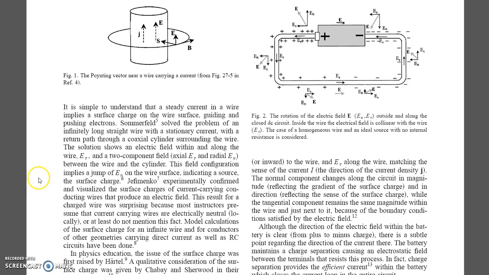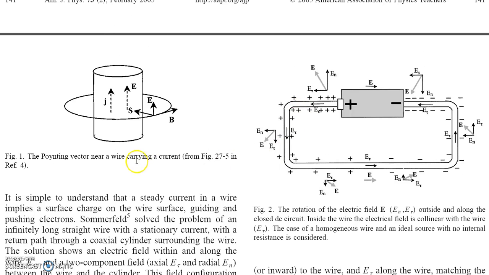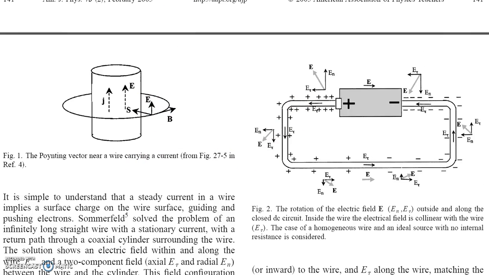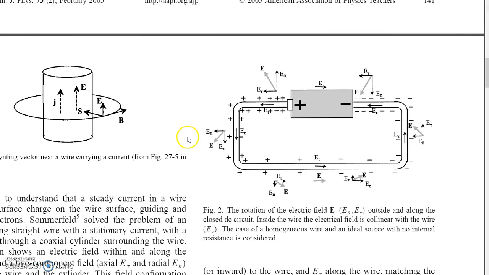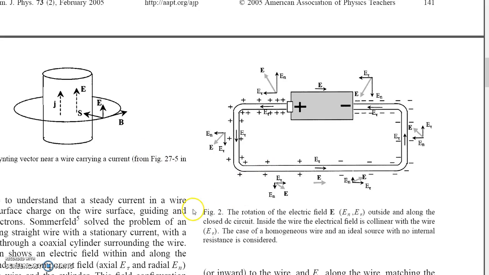Okay, so here are their diagrams. Oops, let me expand this diagram, and I'll just get this page to scroll. Alright, so how does this Poynting vector model explain energy transmission in a simple electrical circuit?